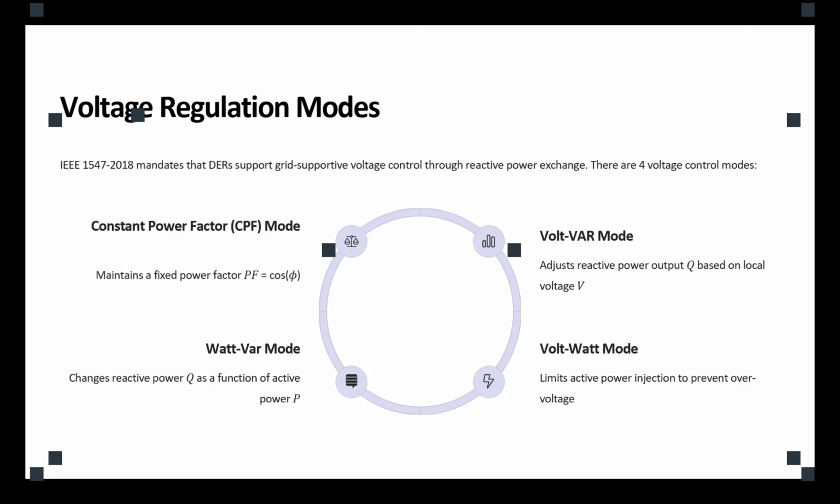We have to control the voltage by a voltage-VAR control system, because if we inject or consume reactive power, we are basically controlling the voltage. The combination of these two, controlling the relation between voltage and reactive power and constant power factor, means that we have to control the relation between active and reactive power.